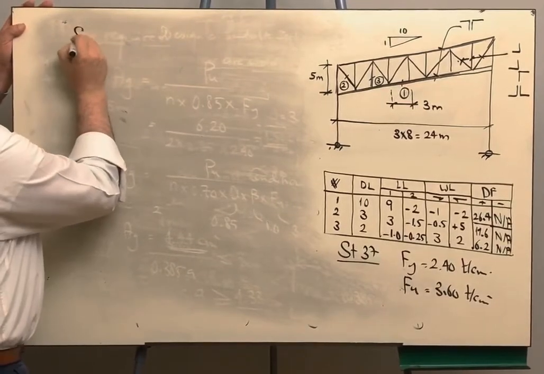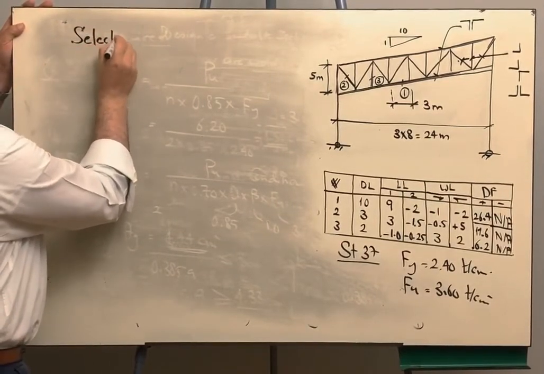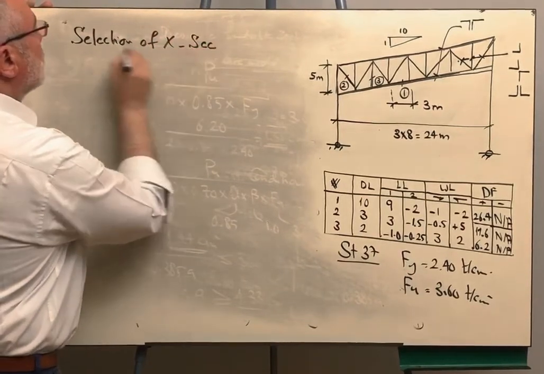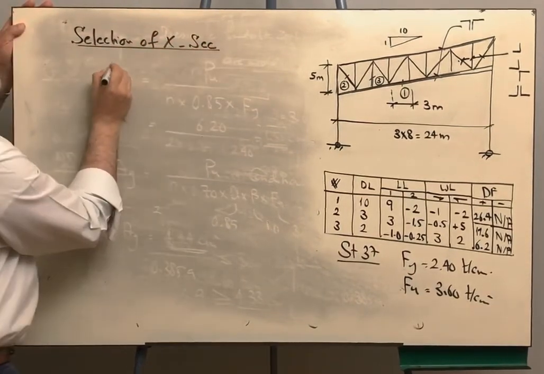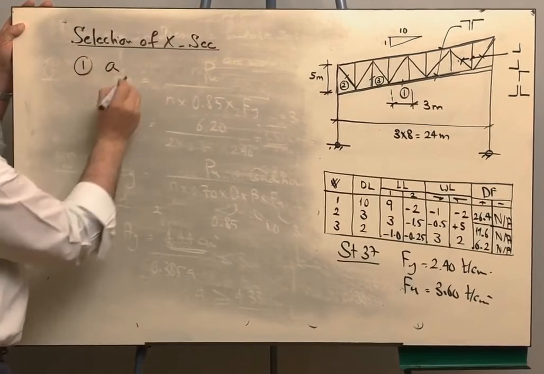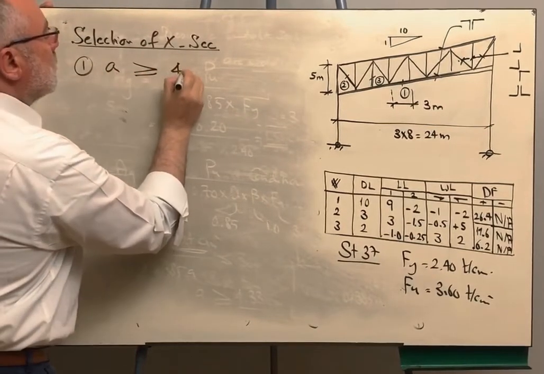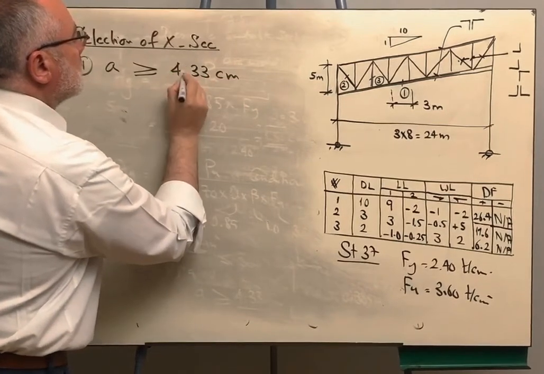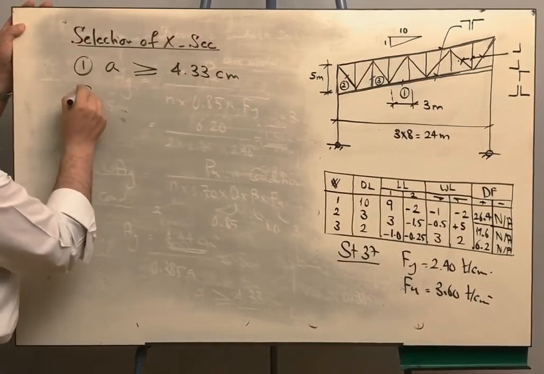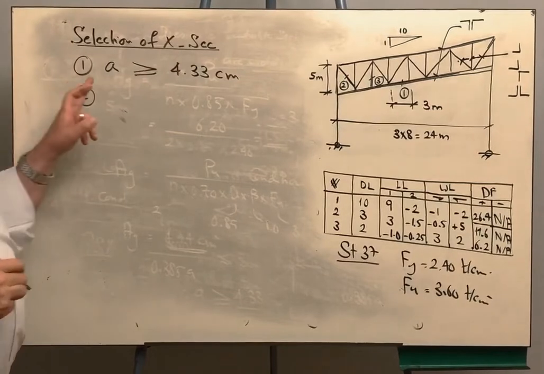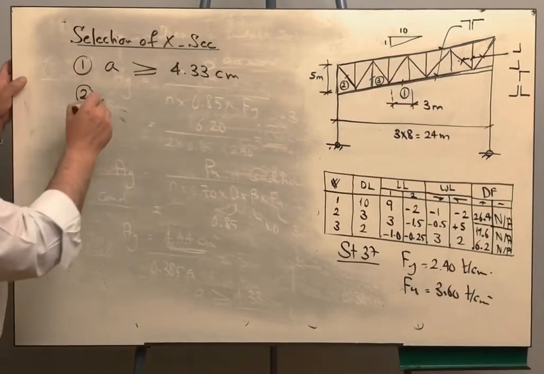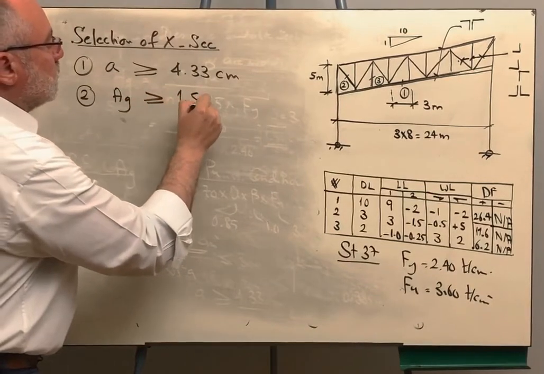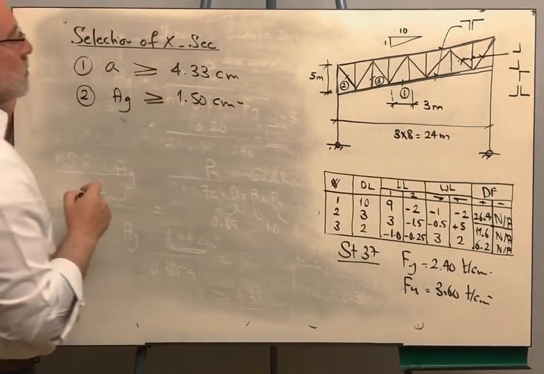For the selection of cross section, we are having the first condition A should be bigger or equal to 4.33 centimeter, and the second condition, I don't have construction condition, the area gross should be bigger or equal to 1.5 centimeter square.